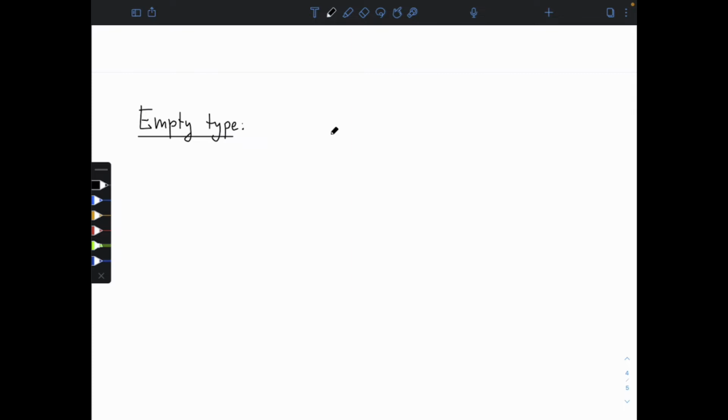So how do we do this? Okay, so we say if you have constructed t of type empty, then you get to construct anything in any type whatsoever.